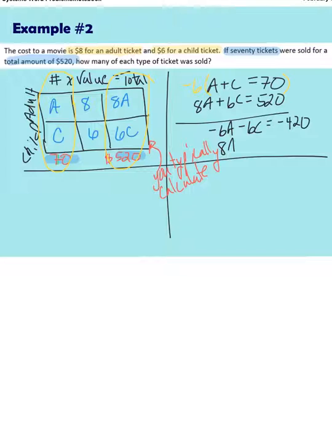And then I have 8A plus 6C equals 520. Then I'm going to add those together. My C's cancel, and I get 2A is equal to 100. Divide by 2.